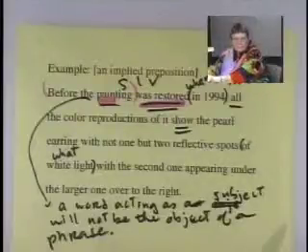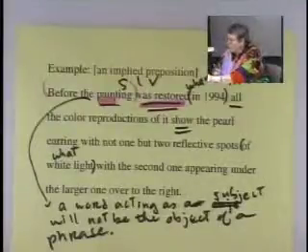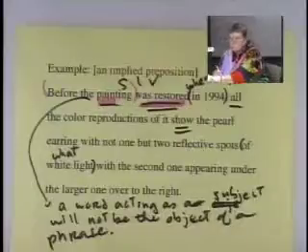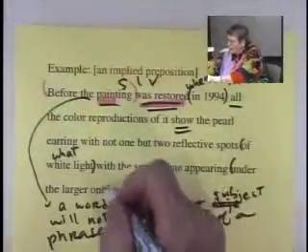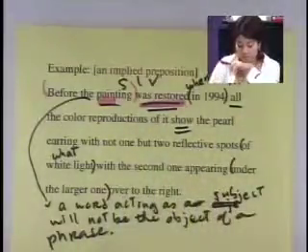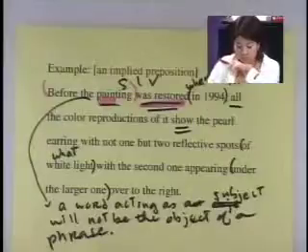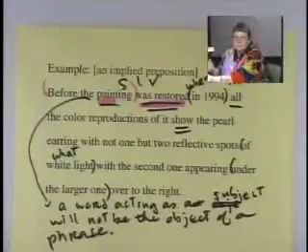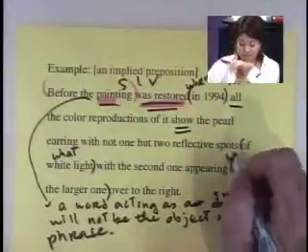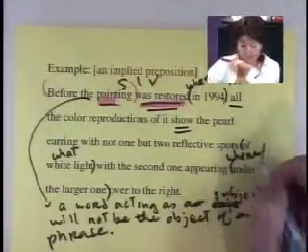Okay? So, Amy, do you see a prepositional phrase? I want to say under the larger one. Under the larger one, I'll take that. And under the larger one, with the second one appearing under the larger one, is going to answer where or what. Right, either one would work.